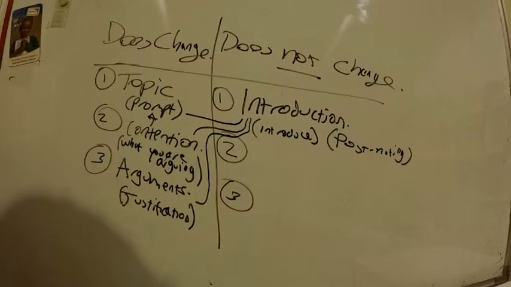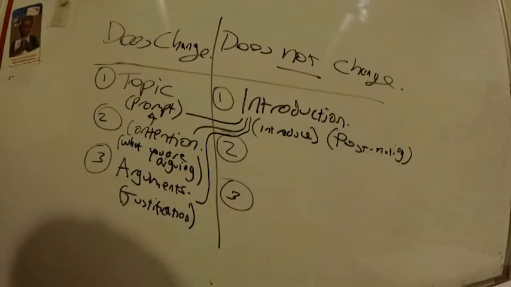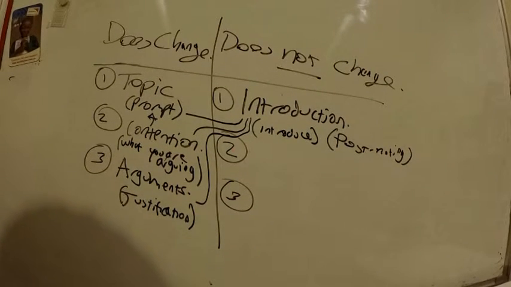Basically, what post-noting is, it's saying very explicitly, very clearly, this is what I am going to say per paragraph. I literally write in my essays, my first paragraph is going to talk about this. My second paragraph is going to talk about this, and my third paragraph is going to talk about this.